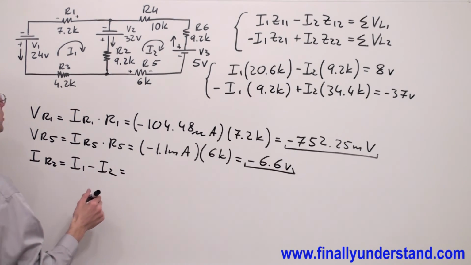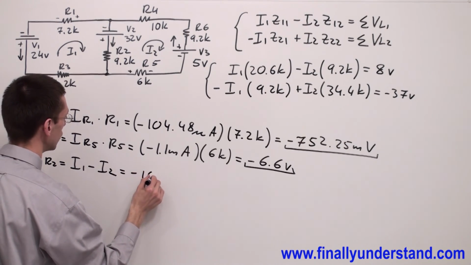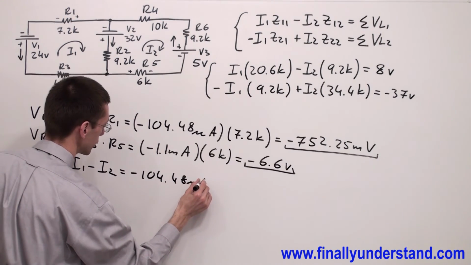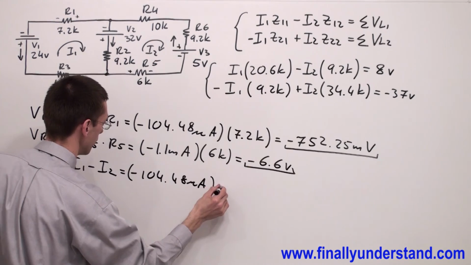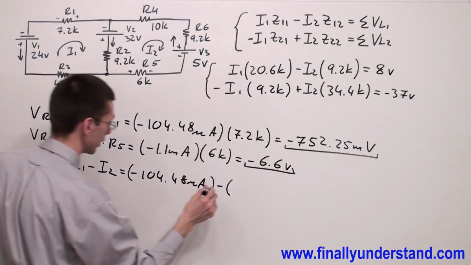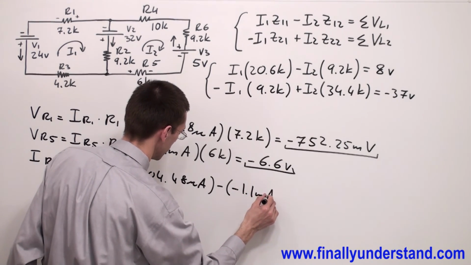I1, we said, is equal to negative 104.48 microamps, minus I2, which is equal to negative 1.1 milliamps.